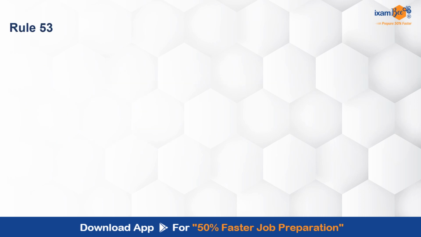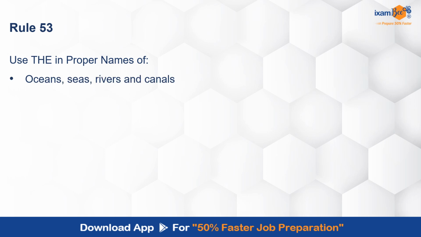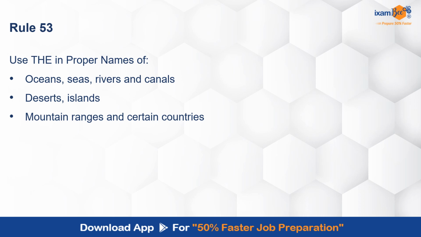All right, also you should use the in proper names of oceans, seas, rivers and canals, of deserts and islands, of mountain ranges and certain countries, right? And these certain countries are those that have been formed as one unit but are individually separate units. We'll see examples.